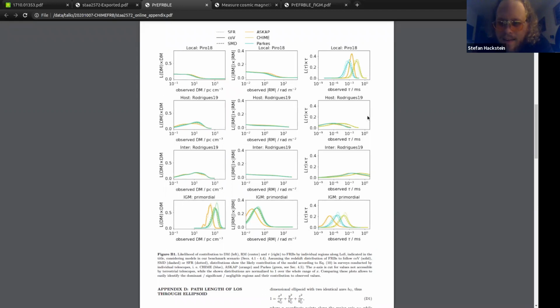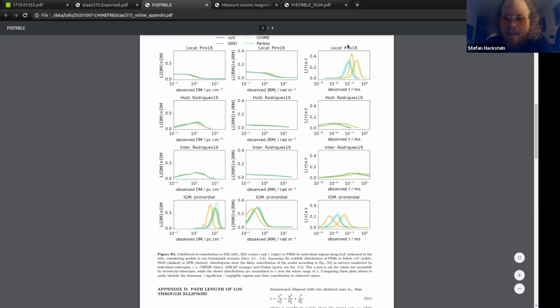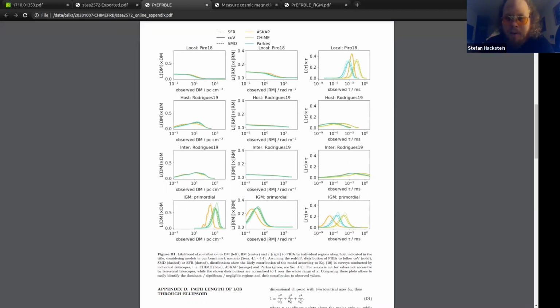We can see that, yes, so here you can immediately see which of the different regions dominates a particular observable.